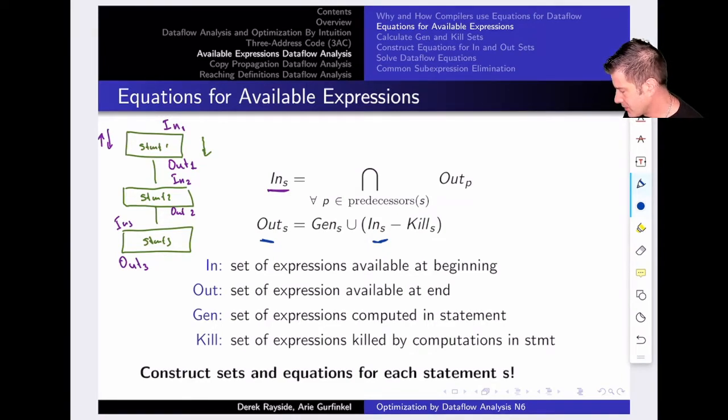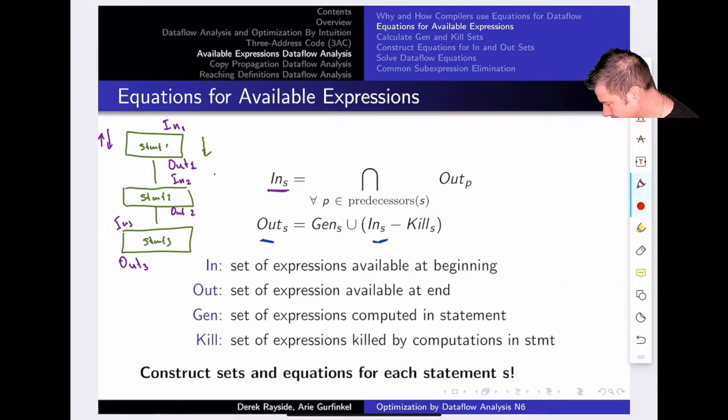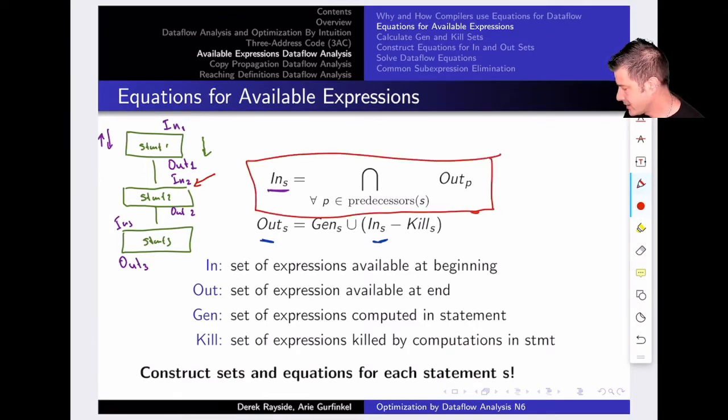For example, look here at in f2. Well, it really depends on the out of the previous statement, which is out1. This is what this equation is saying, that in of any statement S depends on the output of its predecessor.